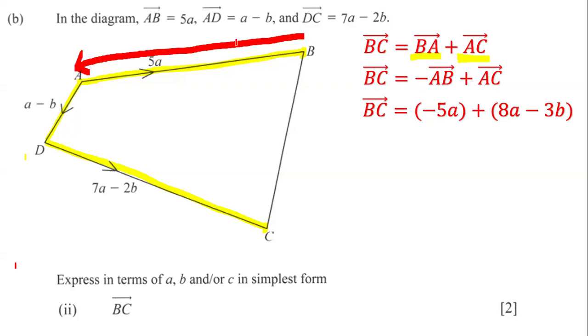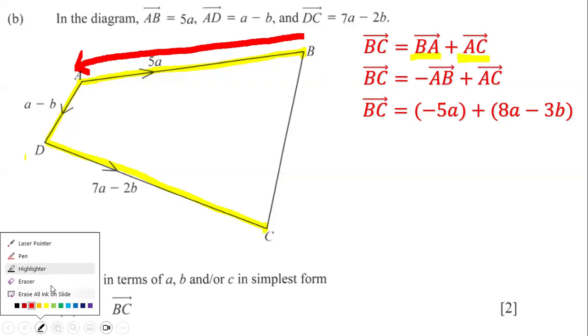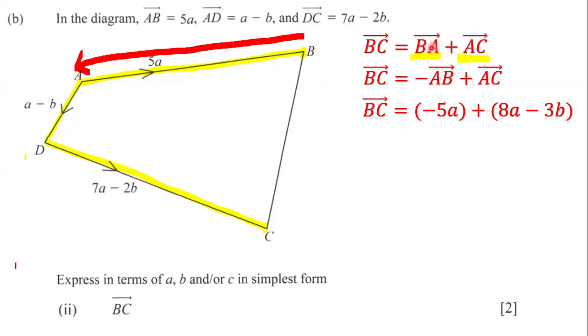But we're going in the opposite direction. So BA is going to be negative 5a, because we're going in the opposite direction. And what is AC? We just figured out what AC was earlier.